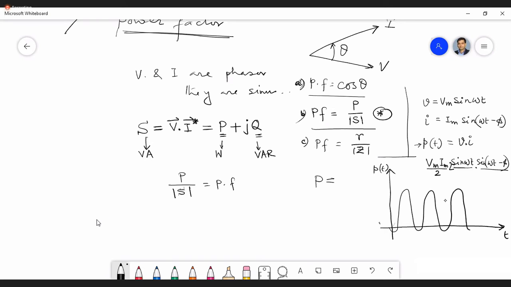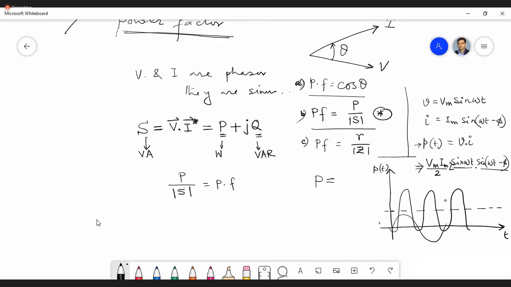So if the voltage is like this, number one, you'll get a double frequency component. Number two, that double frequency component will have some bias. You try to derive this, then you will understand. You will have some bias, that means some constant term, on which you will have a double frequency sinusoidal component.